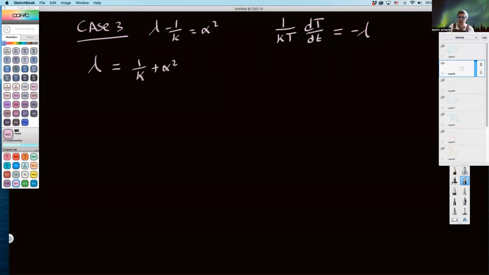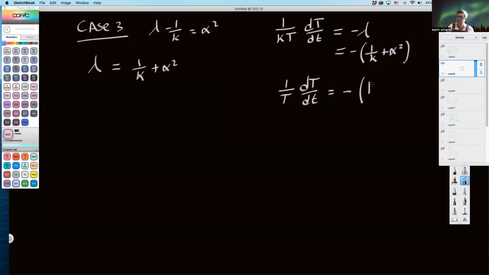Let's keep the minus sign there, so we have minus (1 over k plus alpha squared). I'm going to pull the k up first, so I get 1 over T dT/dt equals minus, and the k is going to cancel this one.